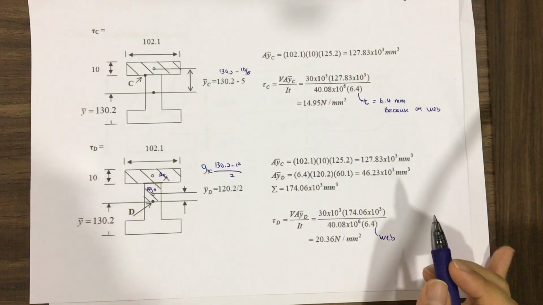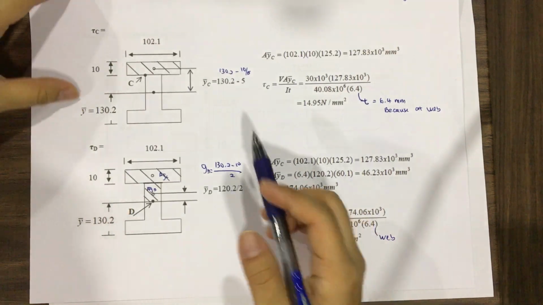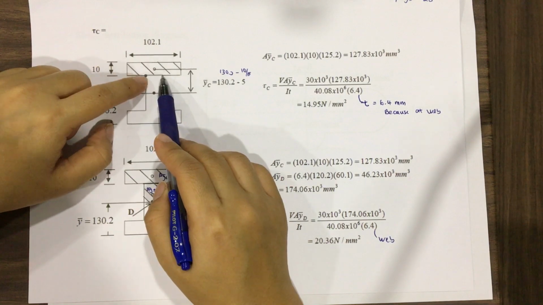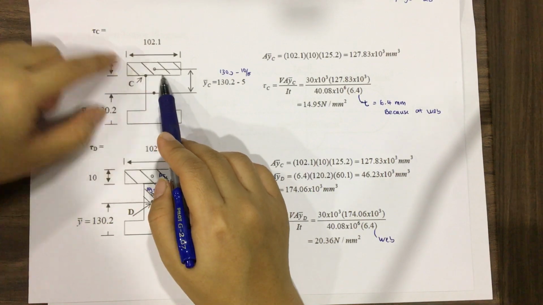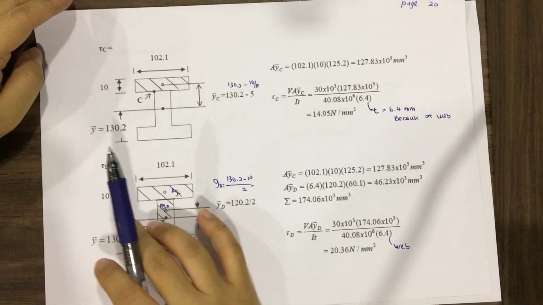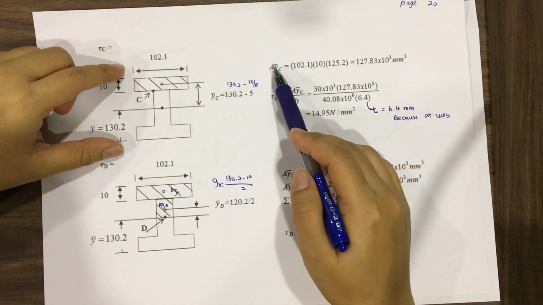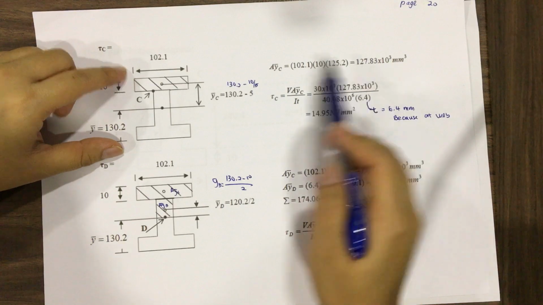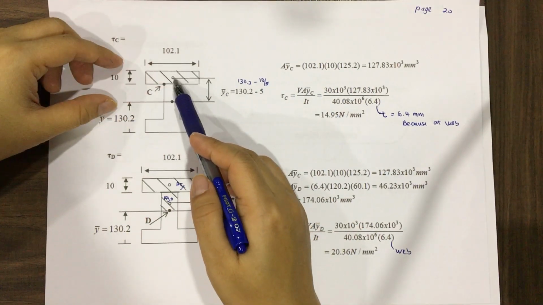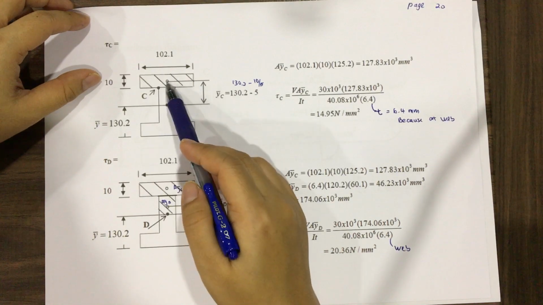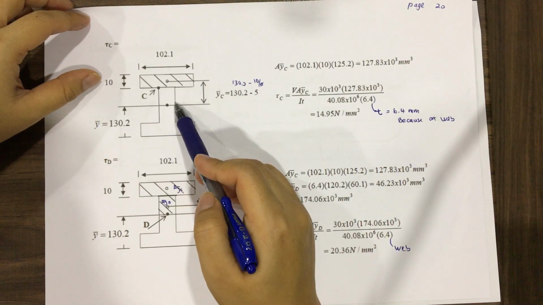After that, we can calculate point C. For point C here and here, it is the same because it is located at the same web. The different thing here is that AYC will be the same because it's located at the same centroid for area number 1, the top part to the centroid of the overall.